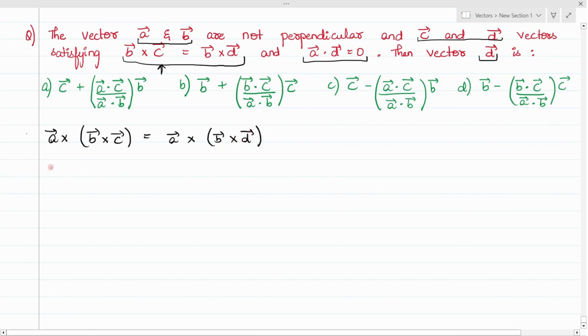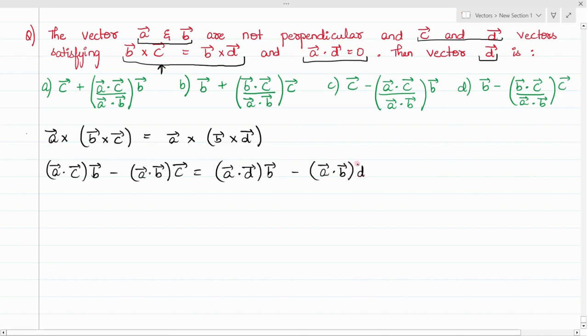Now we use the vector triple product, that is A dot C into B minus A dot B into C is equal to A dot D into B minus A dot B into D. It is given that A dot D is 0, so this whole thing will become 0.